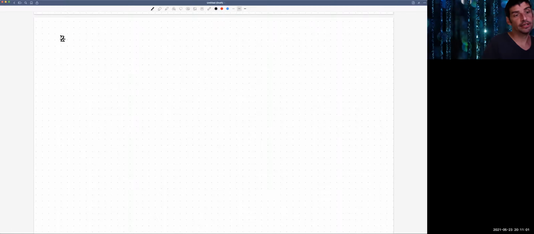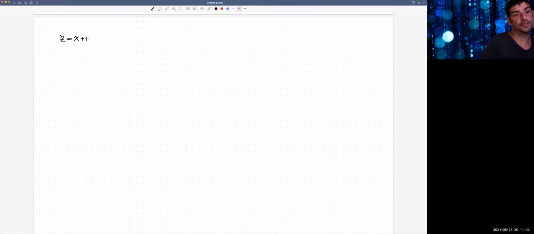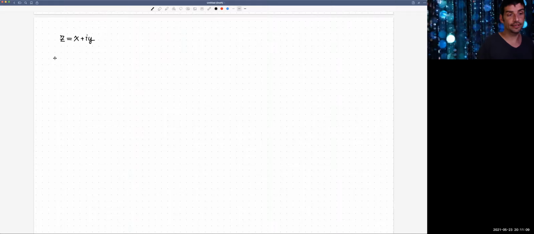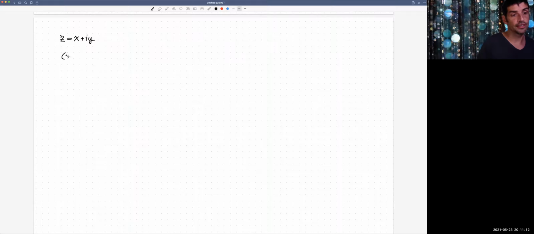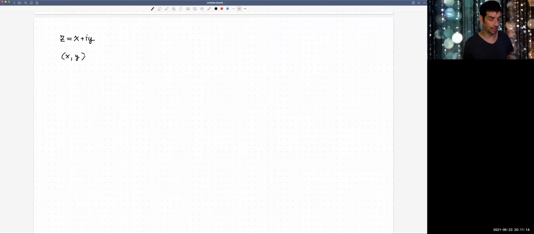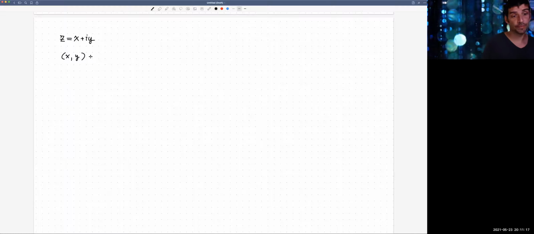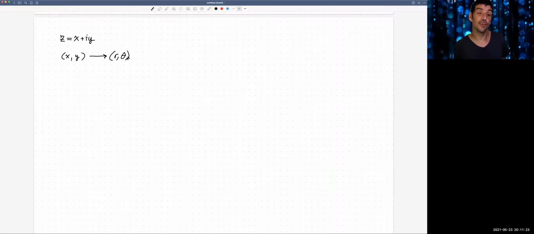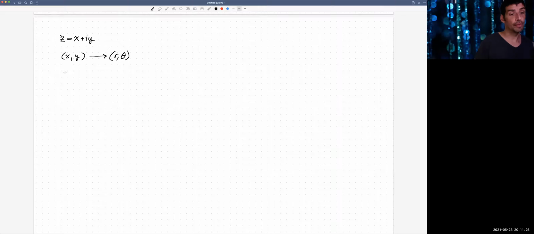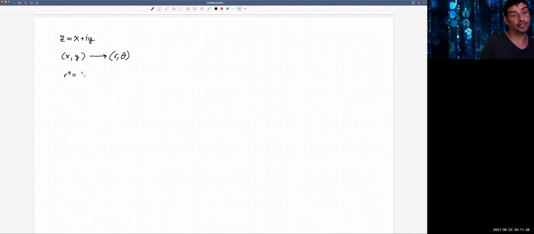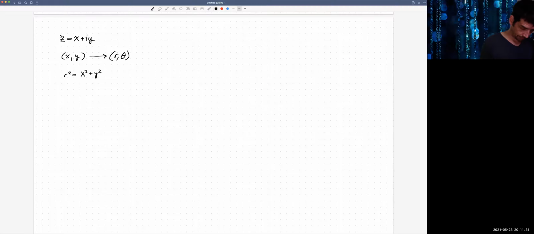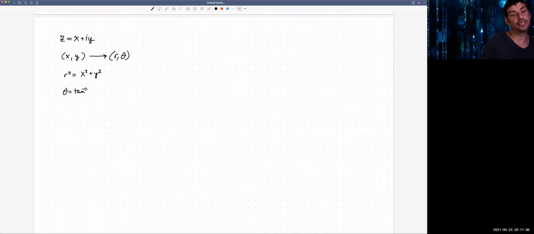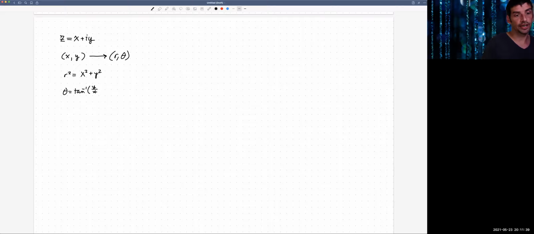So let's remind ourselves a little bit about that. If we have a complex number, z equals x plus iy, then we take this and we get a corresponding point in the complex plane, right? We're in rectangular coordinates. But we can rewrite this as (r, theta) using polar coordinates. Remember that our relationship is r squared equals x squared plus y squared, and theta is tangent inverse of y over x.